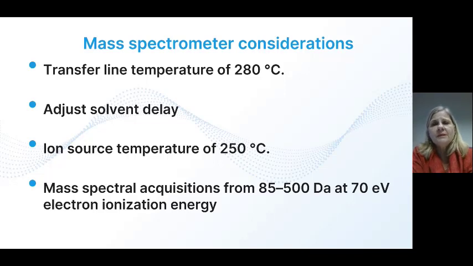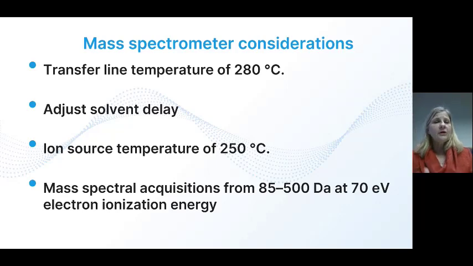For your mass spectrometer, your transfer line temperature is about 280 degrees Celsius, your ion source temperature 250 degrees Celsius, and then you would adjust for your solvent delay. We don't want to see the solvent because the solvent would flood the ion source.